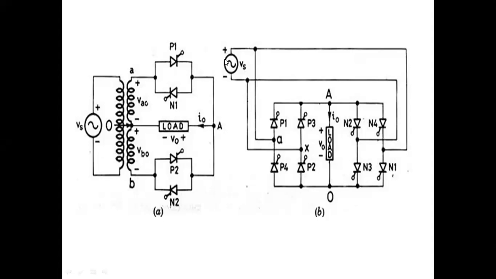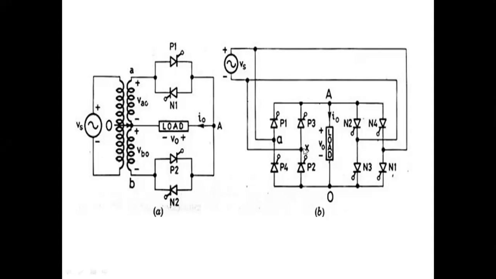During positive cycle, this is plus and minus. Now this is plus, that means point A plus is there. Negative is here at X. Among these four, which one is forward biased? Suppose we take positive here. Positive is connected to P1, P4. Among P1, P4, which is forward biased? P1, sir. P1 is forward biased.